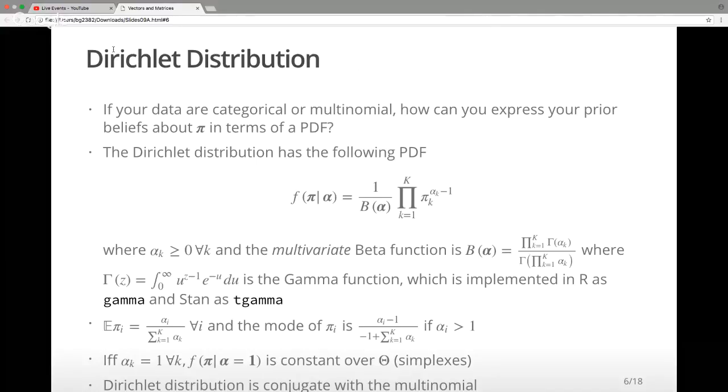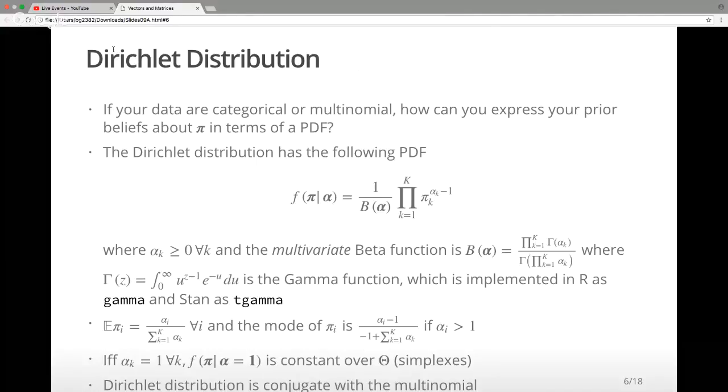But anyway, it has the following PDF for the pi vector given a vector of hyperparameters alpha. It is simply 1 over the multivariate beta function times the product from k equals 1 to K of the kth element of pi raised to the power alpha k minus 1.